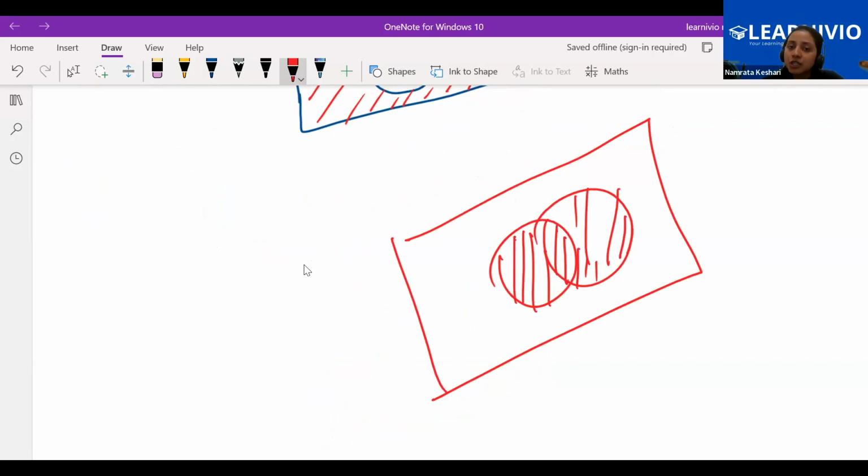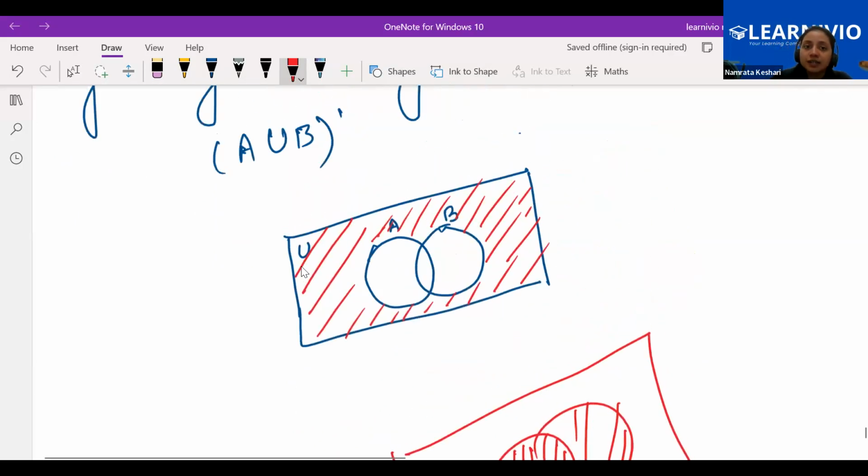And if we have to shade the complement of that, that means from universal set, we will subtract A union B. That's called complement of A union B. That means everything except A union B. That is the meaning of this complement. Okay, a dash on the head is representing the complement. We can also represent as C. Okay, so that's called complement of A union B.